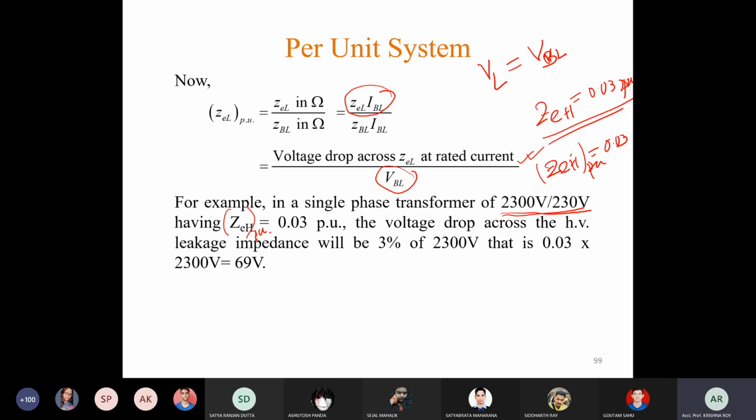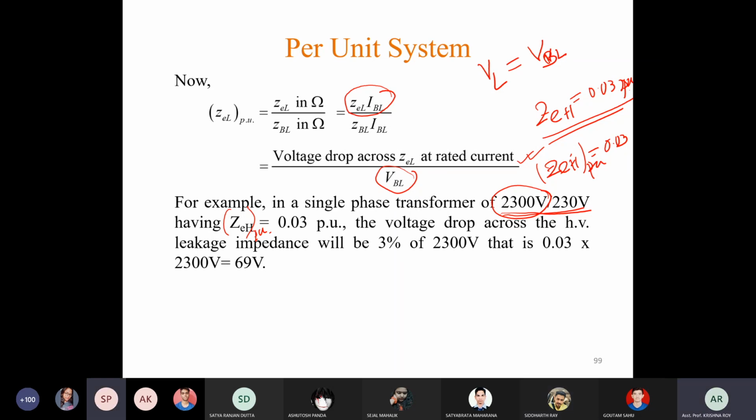So 0.03 per unit means 3%. The leakage impedance drop will be 3% of this high voltage side rating of 2300 volt. So we can directly calculate that using this per unit value. Is it clear?